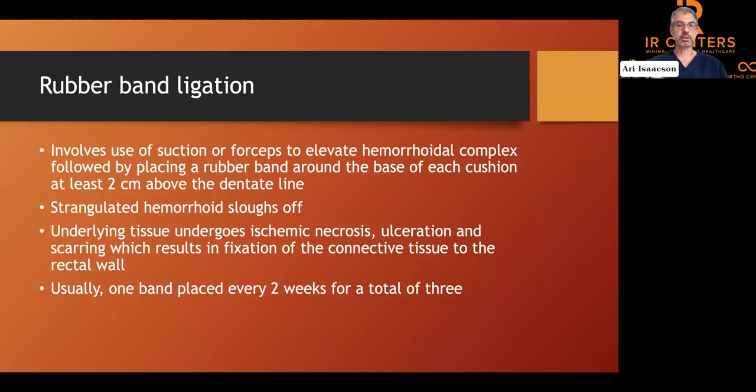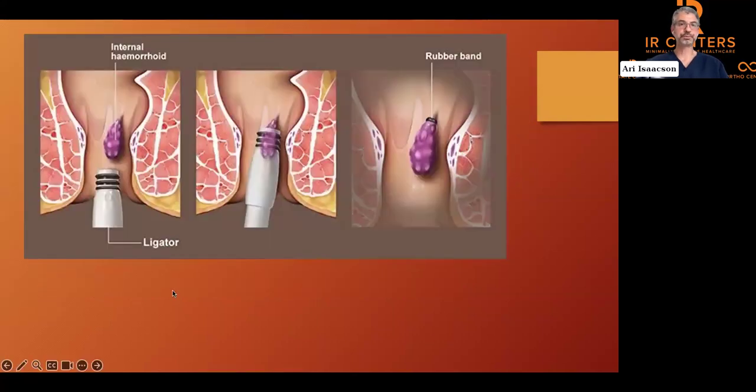That causes it to be starved of blood and eventually slough off or fall off. And I think I have a picture of that here. Yeah, so here you can see exactly that. Here's the device going through the anus. This one happens to be a vacuum device. It sucks in the hemorrhoid right here and applies this band on the very top of it, which then strangulates it, and eventually it sloughs off.